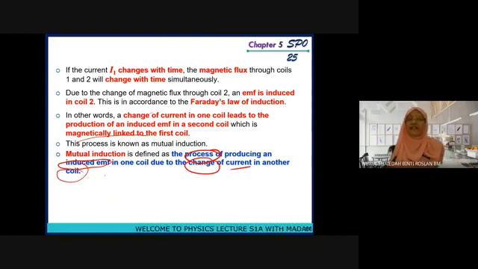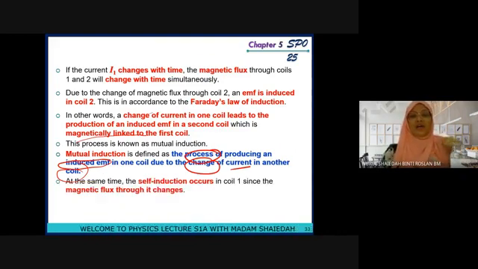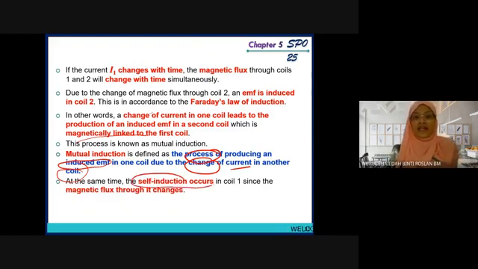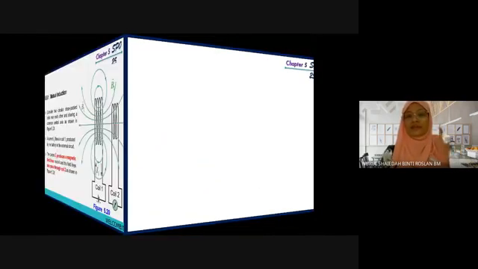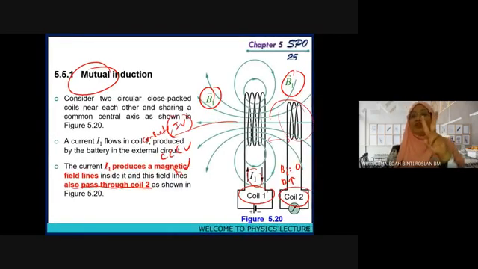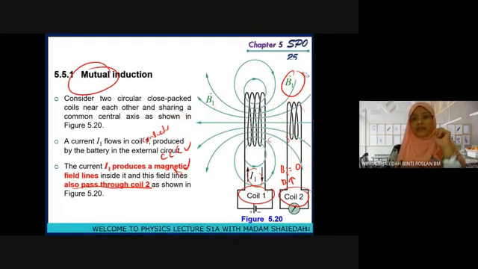So B yang changing the current, but coil 2 is the one that produces induced EMF. Okay, but for self-inductance also at the same time, self-inductance occurs in coil 1. So dalam case tadi, saya tengok balik, we have two inductances happening.